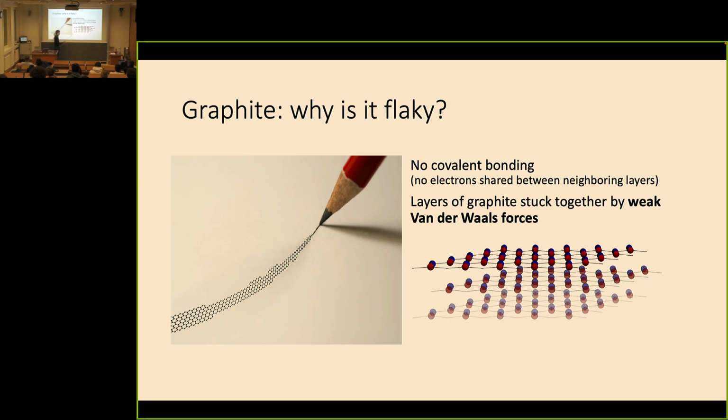In fact, between the layers, there's no covalent bonding. There are no electrons shared between those layers. They're only stuck together by something called the van der Waals force, and that is a very weak force on global scales. So when you move a pencil, what you do is constantly shift off these layers of graphene out of your graphite.